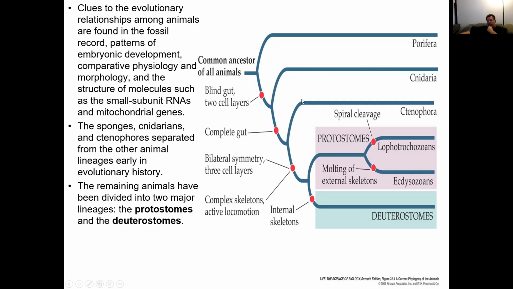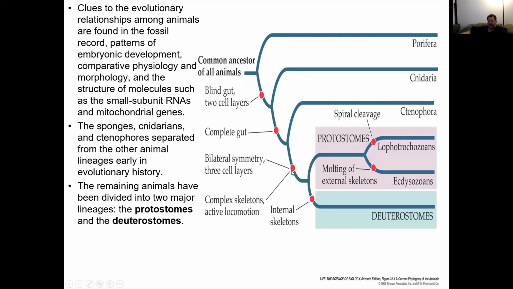And when do we first see that? In the comb jelly. So remember, Ctenophora is the comb jelly. So it has a tube that goes all the way through, which maybe suggests a little bit of an advance in evolution. Again, advance is a slippery slope. I mean, sponges are great at being sponges, but we see this new evolutionary change in the anatomy of animals, and it seems to come with the formation of a complete gut.